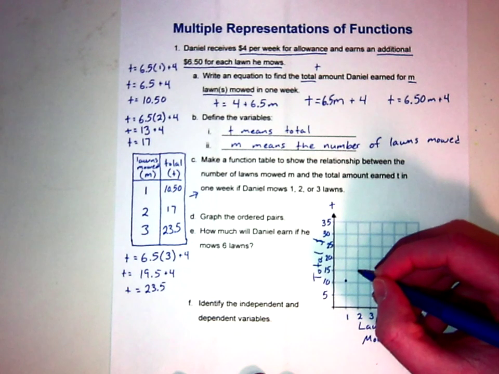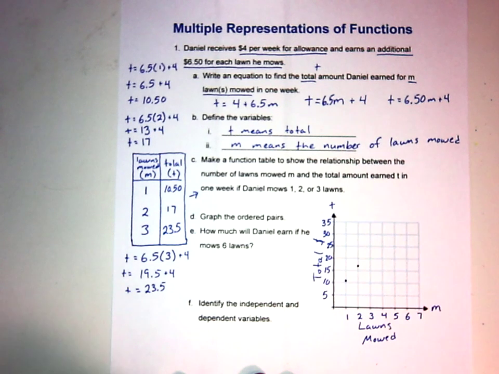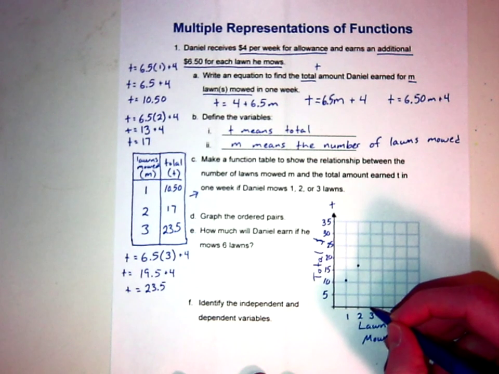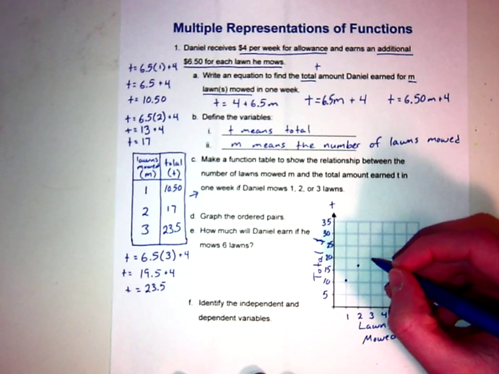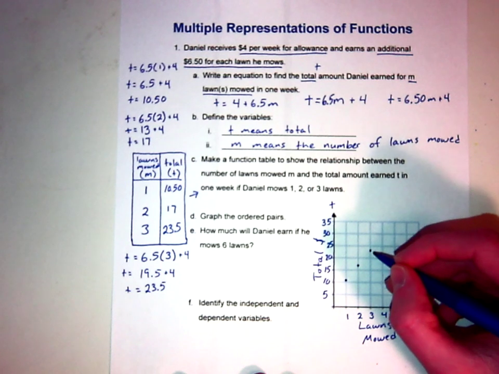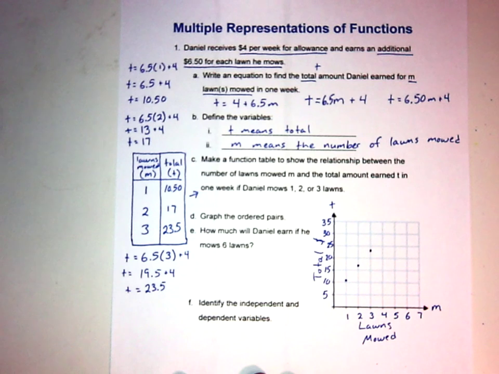There's 15, and it's going to be a little higher than the last one, a little below half. And for 3, it should be 23.5. Here's 20, and that should be approaching 25, but not quite there.